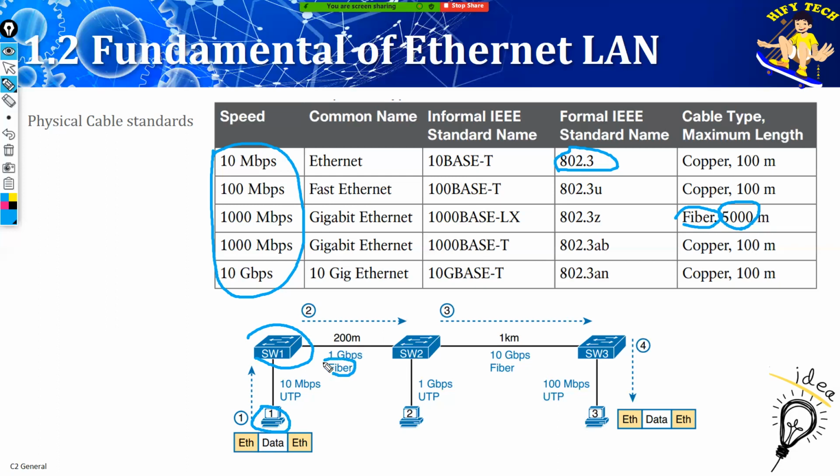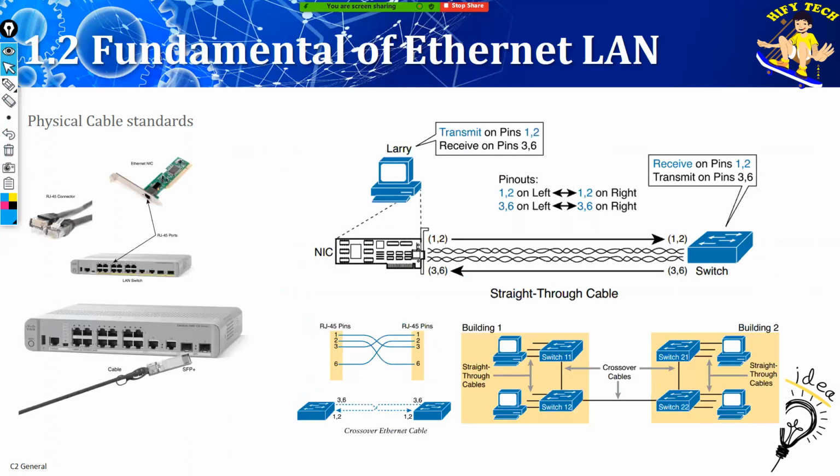So we are using fiber here, fiber here. So switch to switch, we are using fibers. PC to switch, we are using Ethernet cables. So this is a general standard as well to use the type of the cable depending upon the devices.